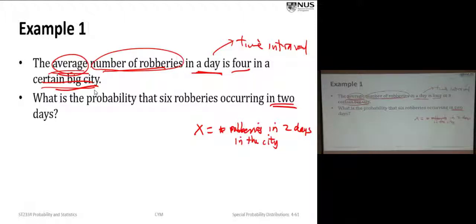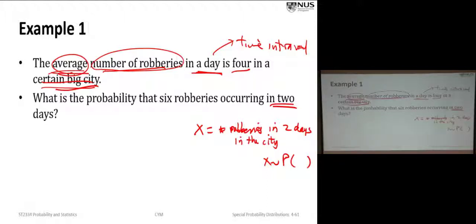So the next question is, what is the distribution? Here we have a time interval of 2 days, and we are basically asked the number of occurrences in this interval. So x follows a Poisson distribution. The question is, what is lambda? If you remember, lambda means the average, or the expectation.